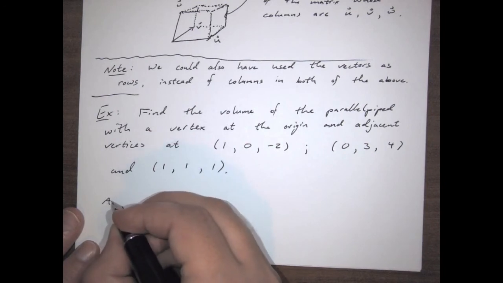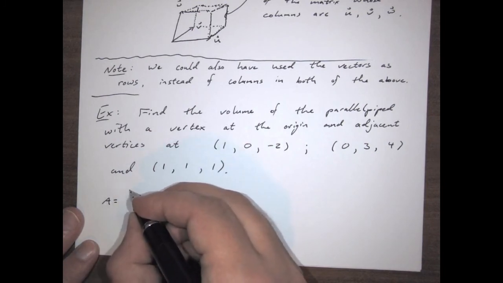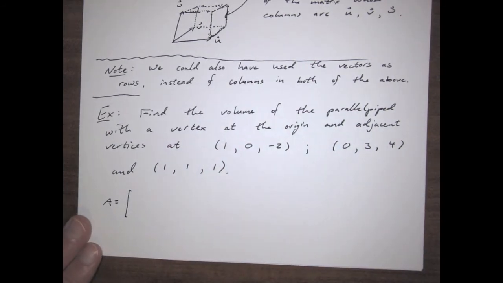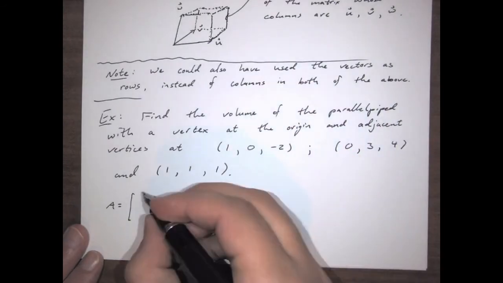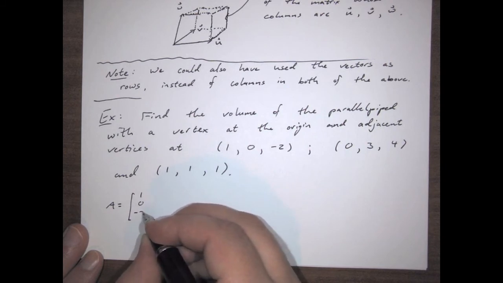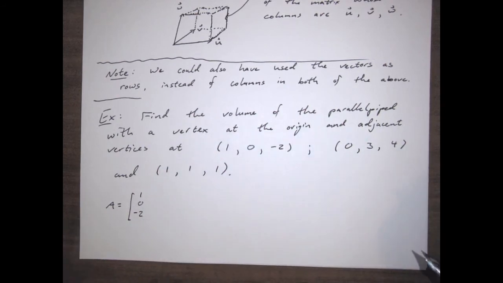So we can just take A to be the matrix, and here the first column is just going to be that point, 1, 0, -2. When it comes to space and vectors, you can consider a vector to be the same thing as essentially a point.